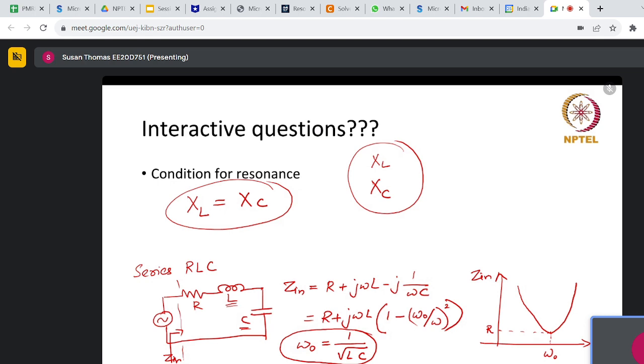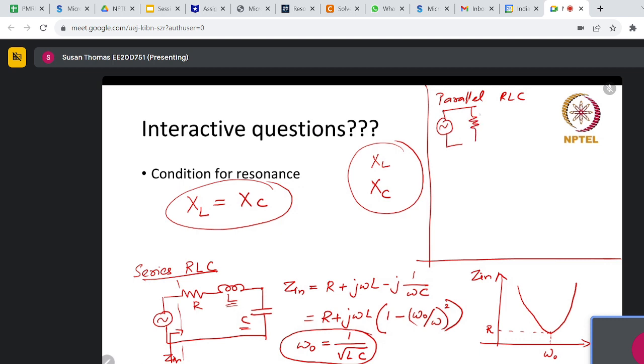So this is all about series RLC. A similar discussion had been there on parallel RLC also. In a parallel RLC network, as you know, R, L and C are connected in parallel.